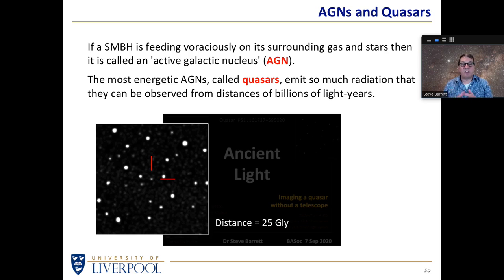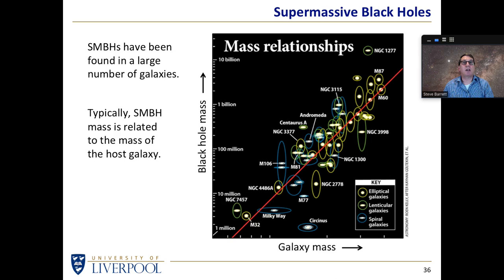The distance, 25 billion light years, is so great because of the expansion of the universe. The distance to this particular object is such that the recession velocity of this quasar would be something like twice the speed of light. It's that far away that it's receding from us at twice the speed of light. And despite that, you can pick up its light using a camera without even needing a telescope.